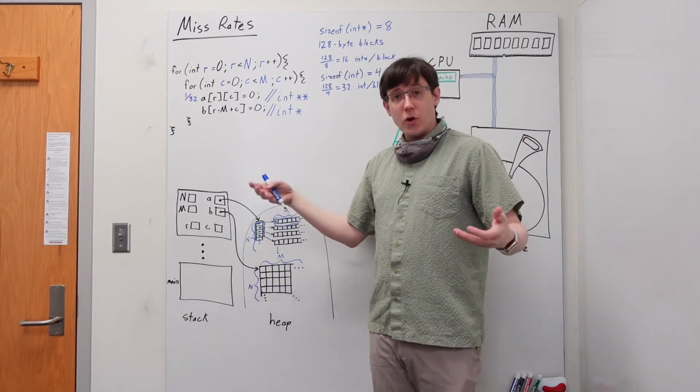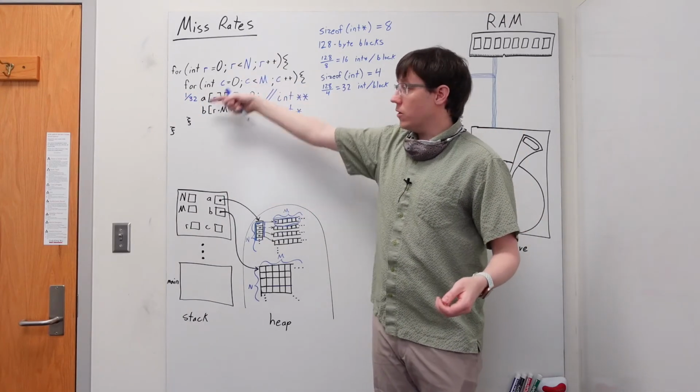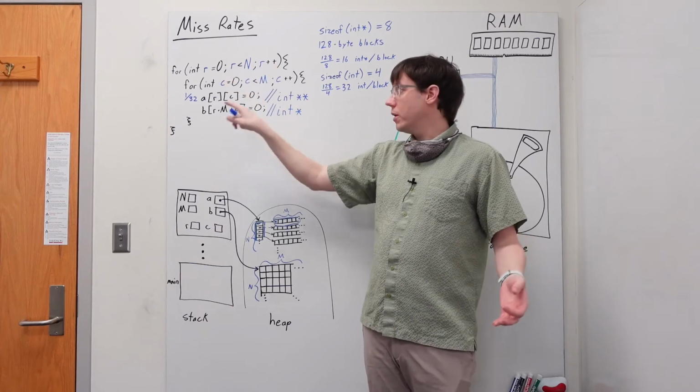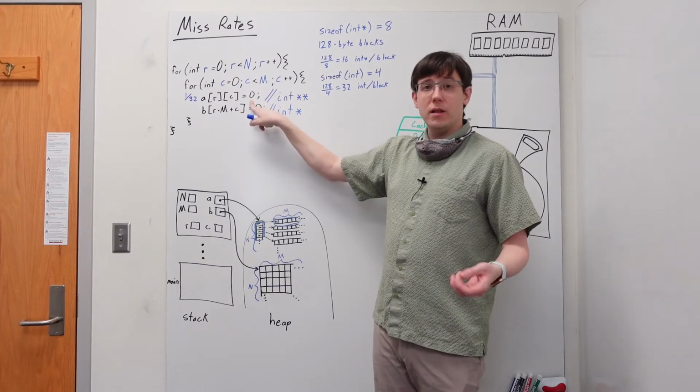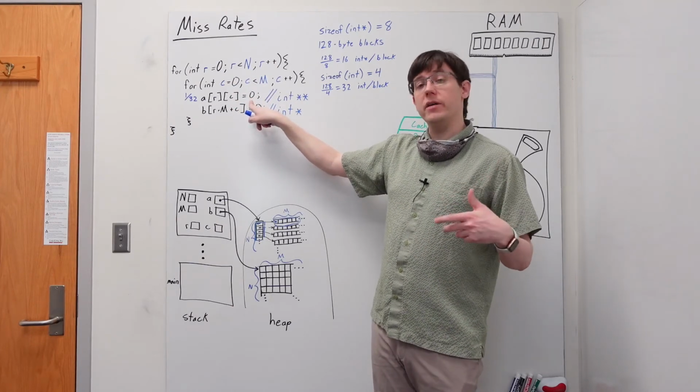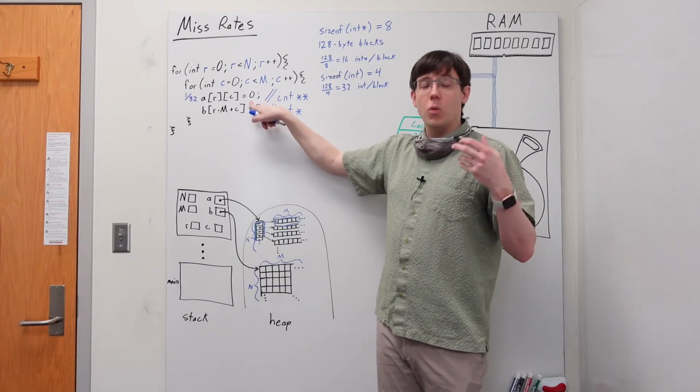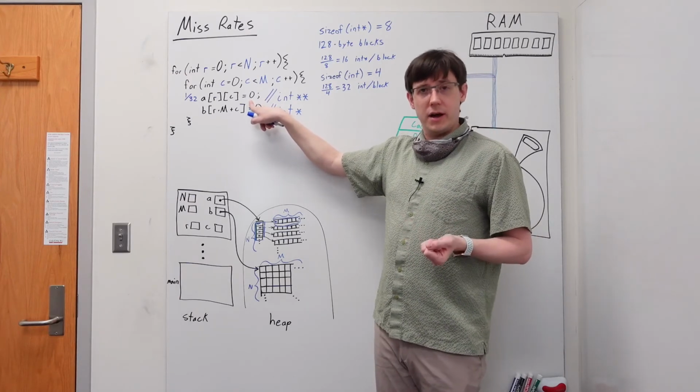And so over the course of one iteration of the outer loop, this line will have a miss rate on average of 1/32 of the time.